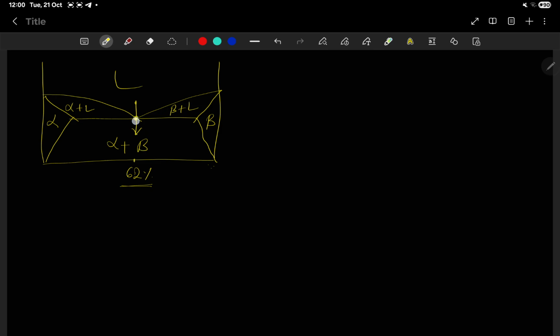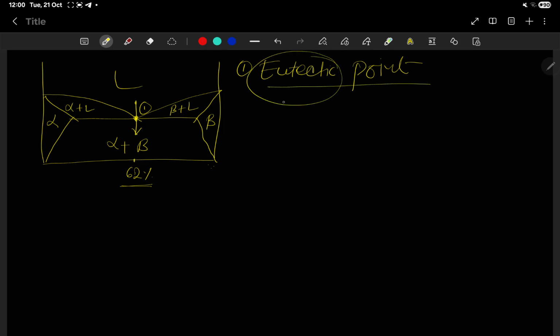So this point was termed the eutectic point. Eutectic means easy melting.